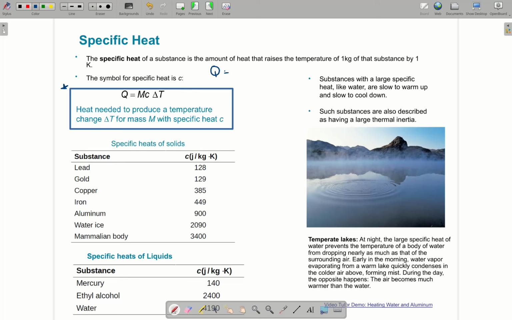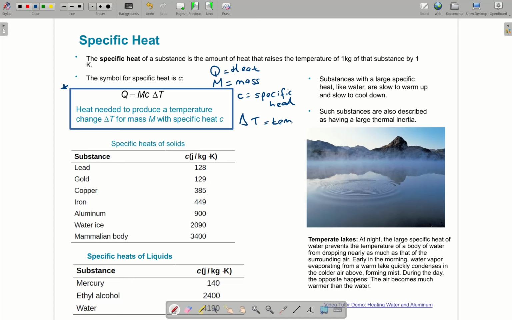Q here is heat. So let's say I'm heating some amount of water. M is the mass here. C is called specific heat. Each type of material will have a different change of temperature if I give them the same heat.